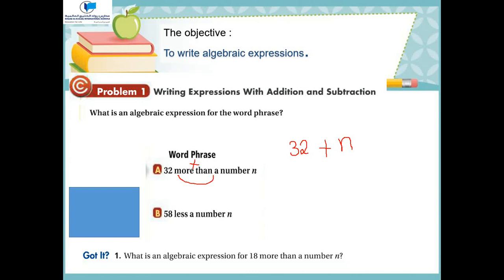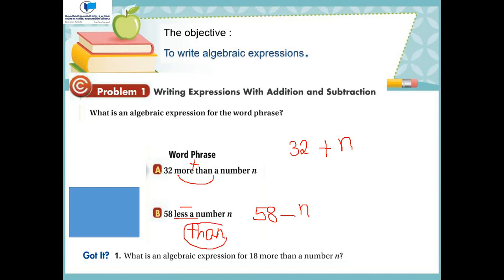Now, 58 less a number n. So 58 less represents minus n. Keep in mind, if you have the word then, it will change the order. Always follow the expression from left to right, unless you have less than or fewer than.